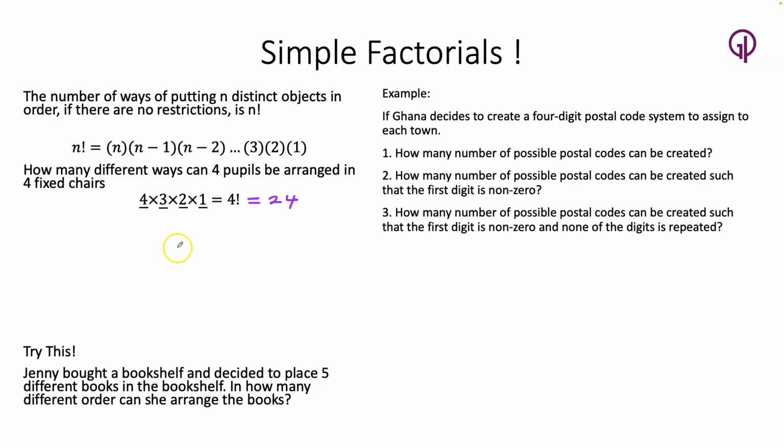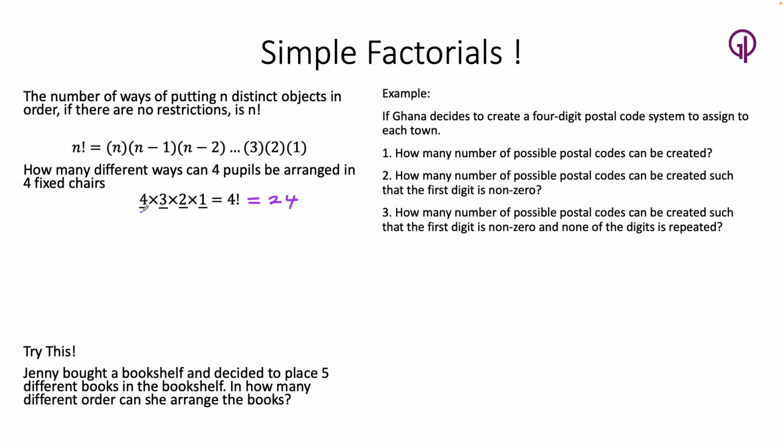Now, we can use the slot method to explain why this is the case. In this example, where we are arranging 4 people on 4 chairs, each slot represents a chair. If we place any one of the 4 people on the first chair, there are 4 possible people who can sit on this chair.